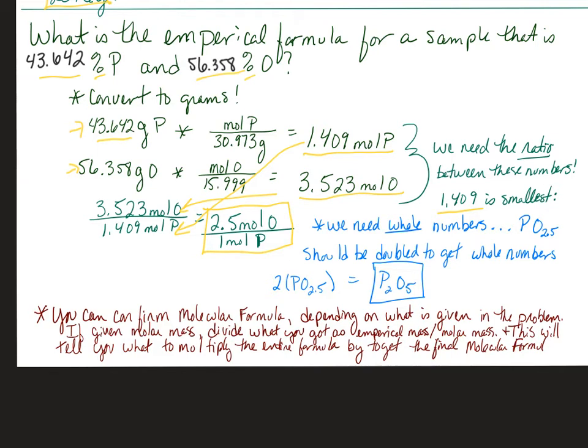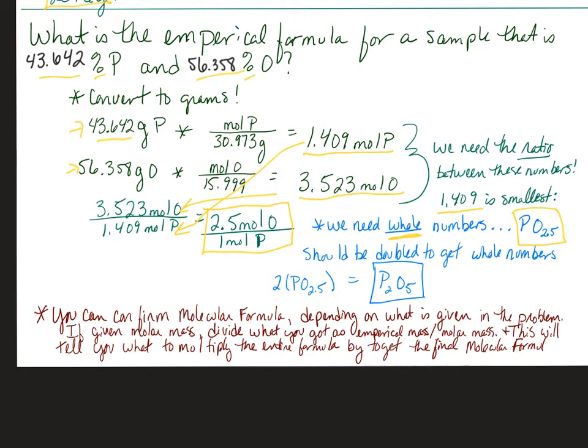Well, realize that when you're looking at a formula, empirical or molecular, you have to deal with the whole number of atoms. You can't have half of an atom in a formula. Half an atom doesn't really exist. So we need to take our whole numbers by the end of it. So if I was to write out that formula, it would be PO2.5, which doesn't make sense.